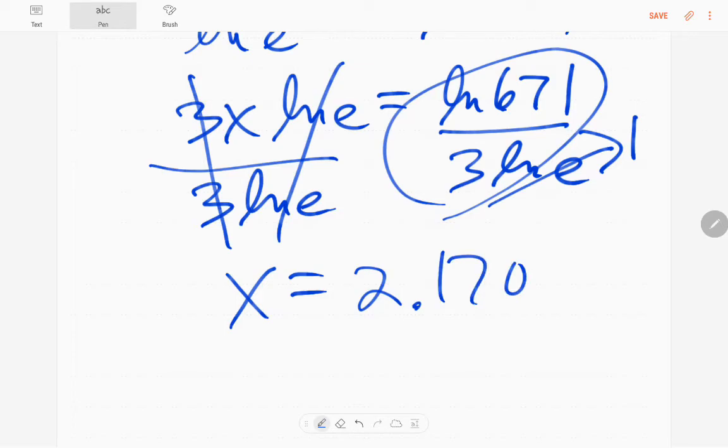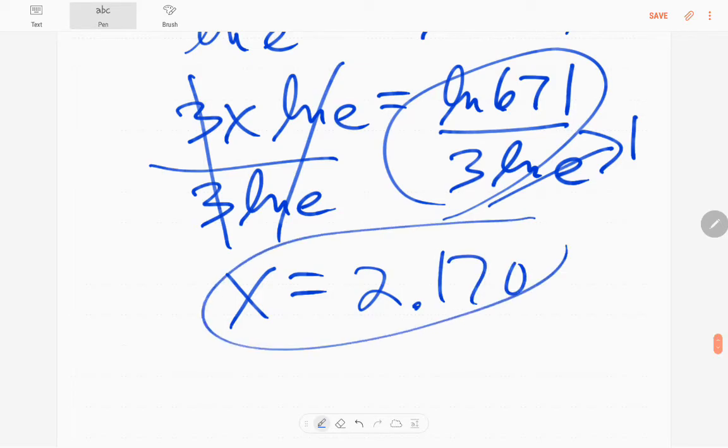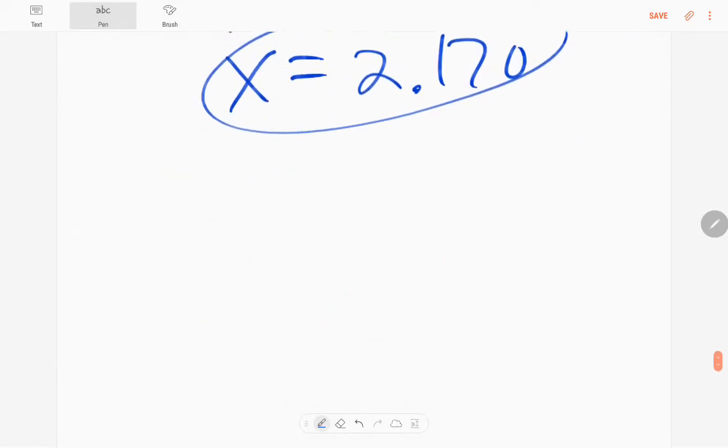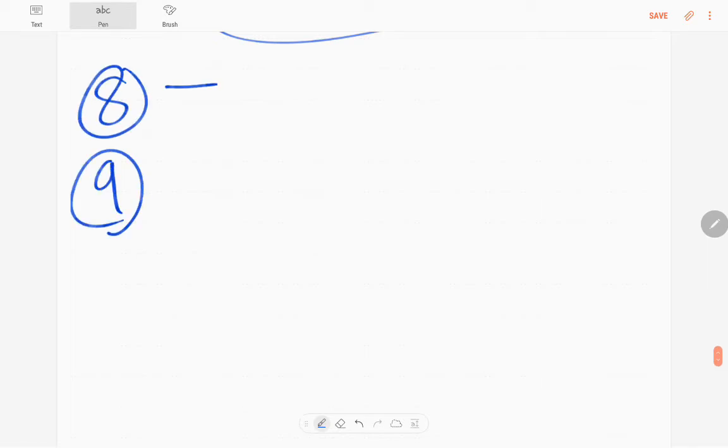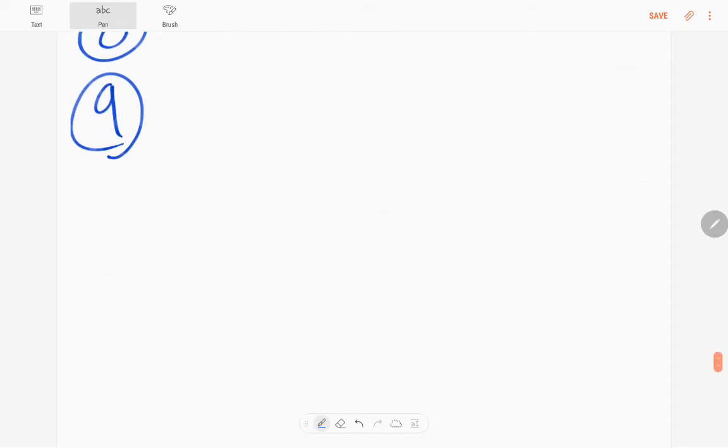Which simplifies to 2.170 on the calculator. Now, number 8 is very similar to the one I just did, so I'm going to skip number 8. Let's try number 9. That's different.